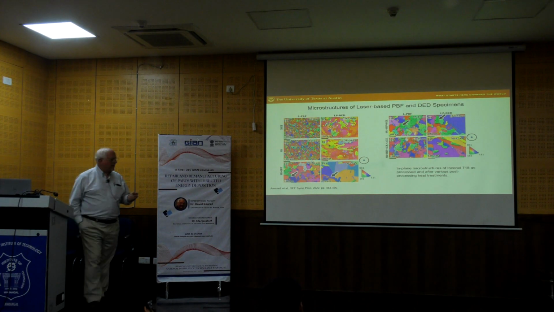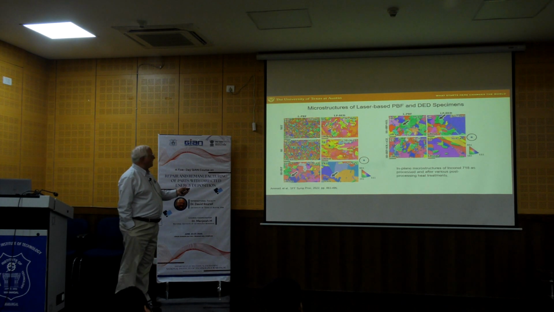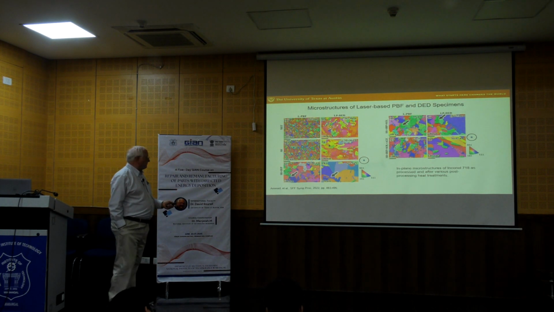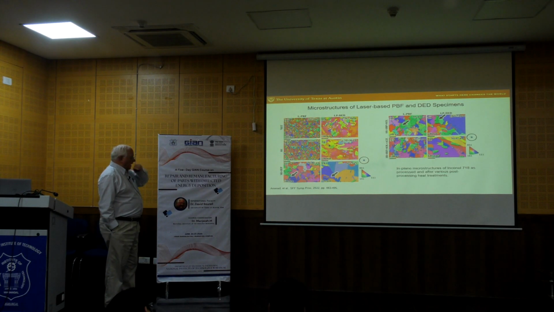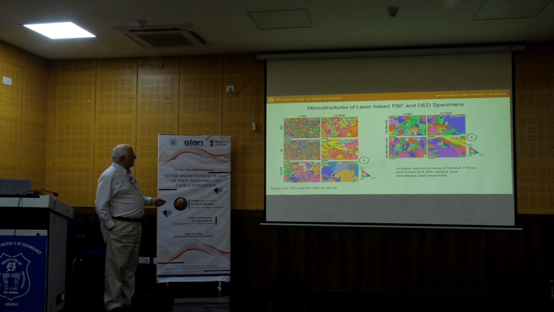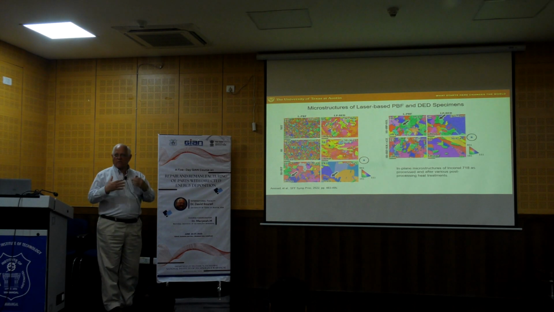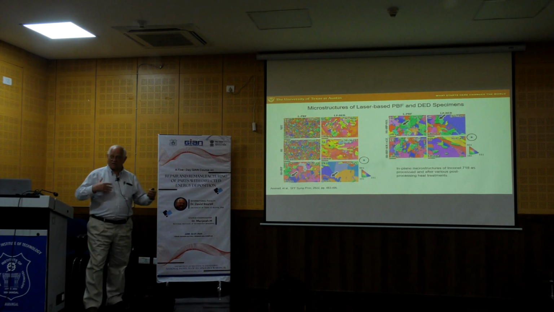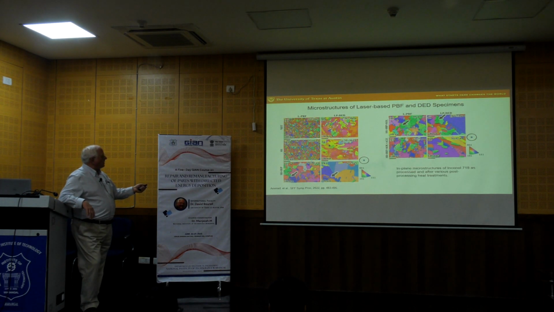Yeah, here are the microstructures I was talking about. This is for Inconel 718, and it's processed. Each pair here is a different step in the processing and post-processing. And not only that, for each pair, the left micrograph is for laser-based powder bed fusion.